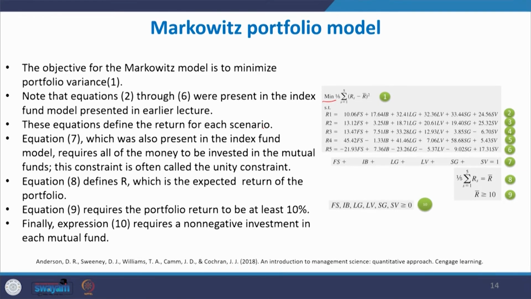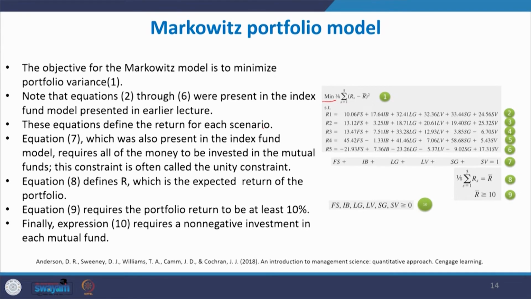Equation 7, which is also present in the index fund model, requires all of the money to be invested in the mutual funds. So, this constraint is often called the unity constraint. That means the sum of the proportions should be 1.